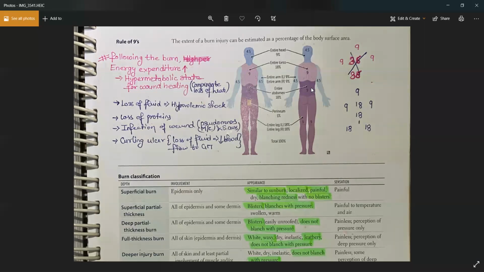So they will give you a patient who has a burn injury of the hand or thigh or abdomen, and they will ask how much body surface area is involved, and you will give the answer accordingly. Please remember: head 9%, thorax 18%, abdomen 18%, legs 18% each, arms 9% each, right?